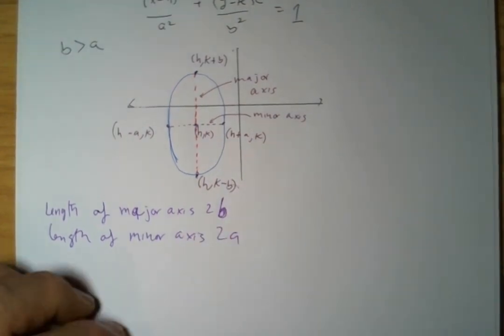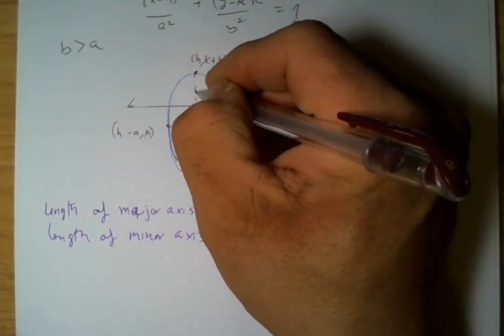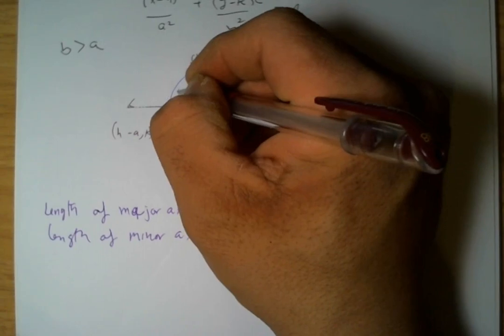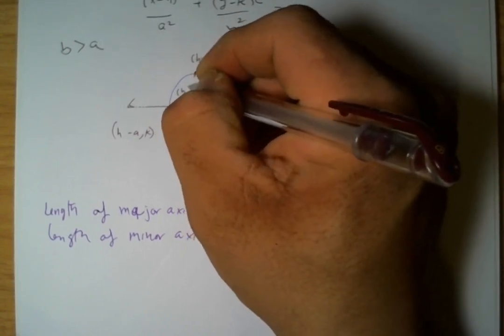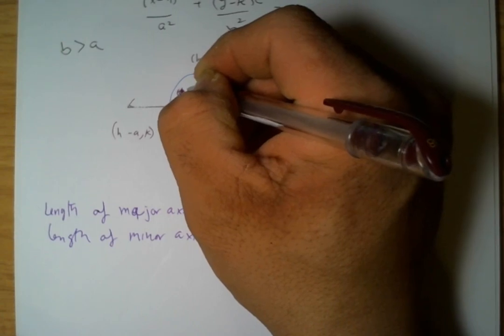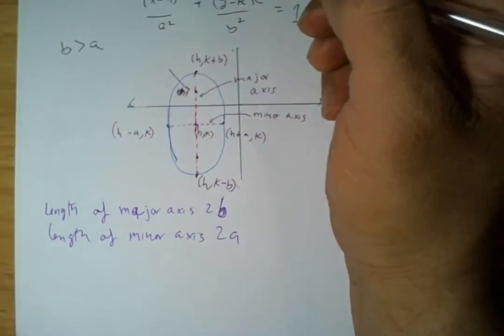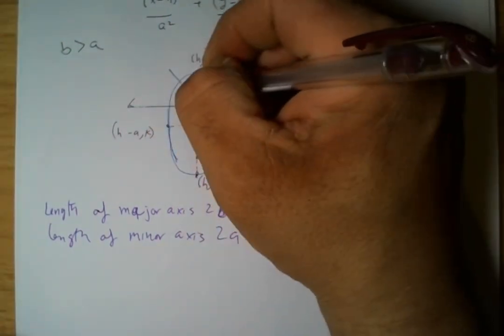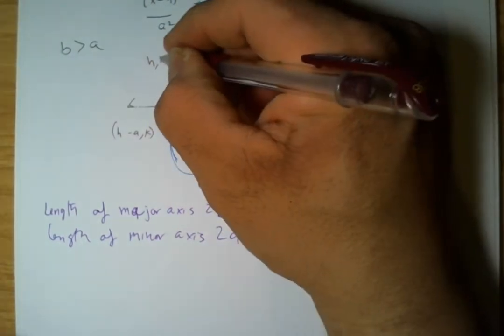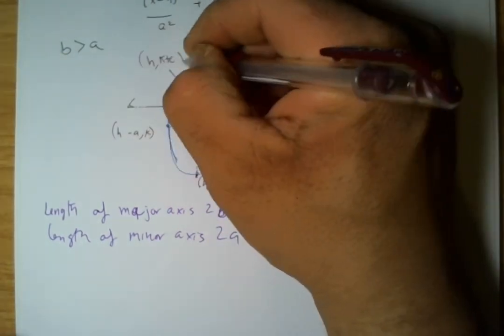Okay, and then to get to the foci from the center, again h remains the same. Getting crowded in here, so let me just do an arrow here. To get to the foci, the x-coordinate remains the same, and here we'll have k plus c.